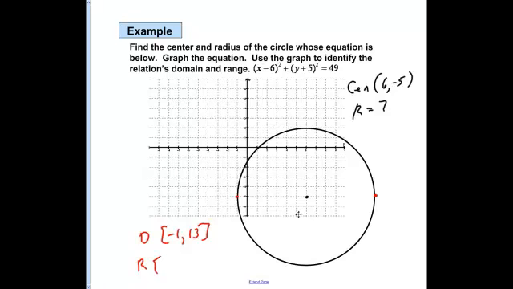And then the range, we can get the range from this value here and this value here. So for the range, we subtract 7 from negative 5, which would be negative 12, and it goes up to 2, and it includes 2 there. So that would be the range and the domain there.